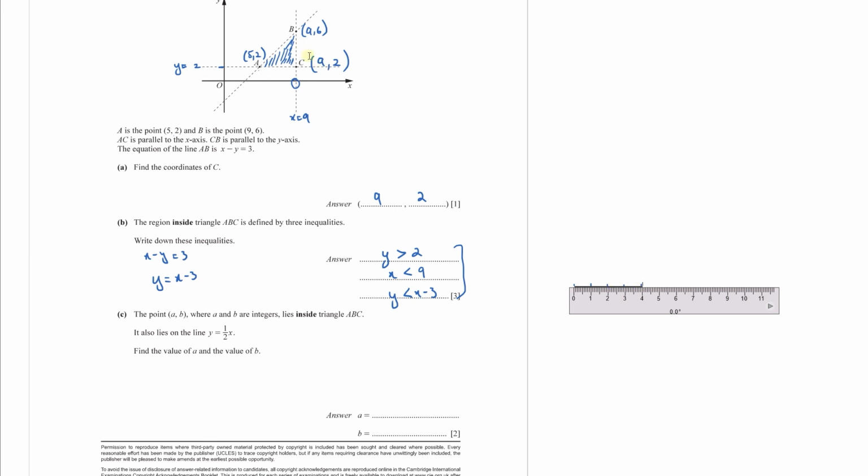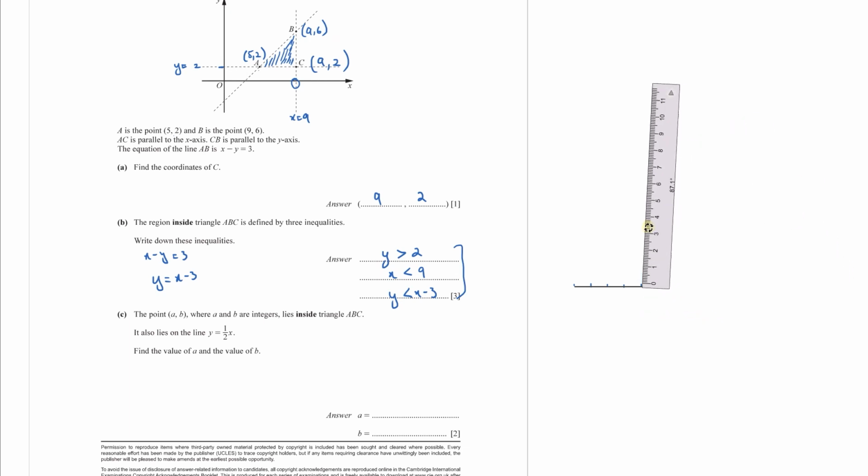And then on the y-axis, I have to go from 2 till 6. So let me place my ruler here, rotated at 90 degrees. I have to draw from 2 till 6. So 2, 3, 4, 5, 6.